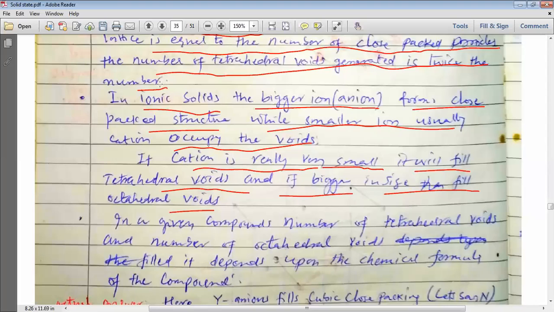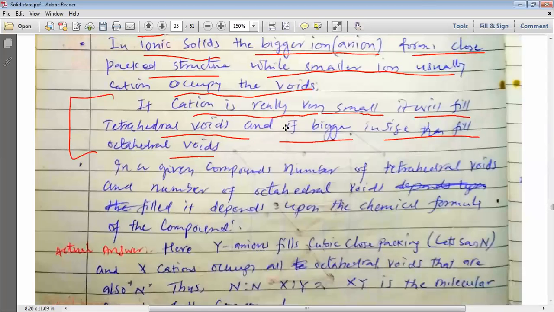This is also a very important piece of information. I'm sorry, if it is very small, it will go into the tetrahedral void. But if it is bigger in size, then it will go for the octahedral voids.